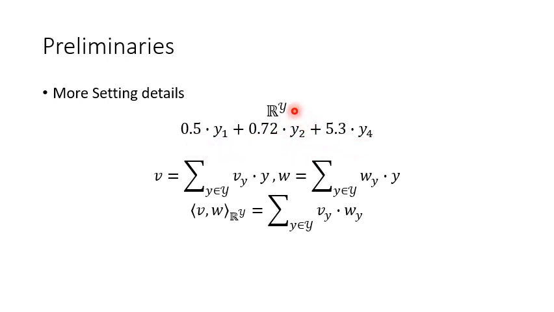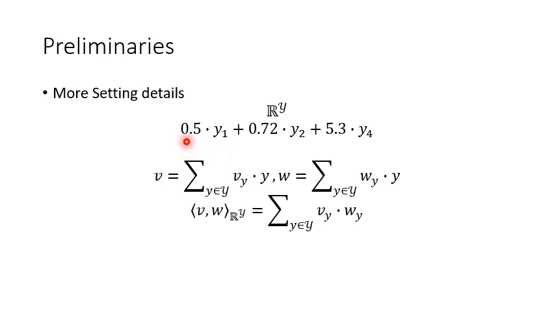But Y is an arbitrary set, so this sum doesn't need to have any real meaning. Y can be even a set of animals or any other abstract set of objects, and we can just write this expression down, and the result of summing or multiplying here doesn't need to have any real meaning.